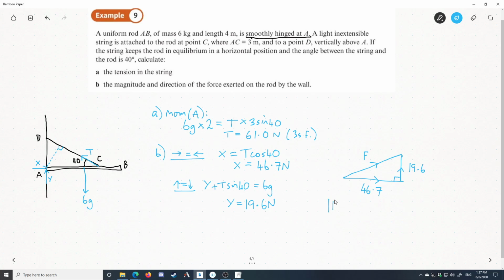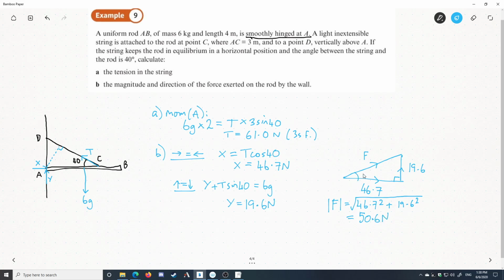So the magnitude of the force is the sum of 46.7 and 19.6 squared, square rooted. Which is 50.6 newtons.